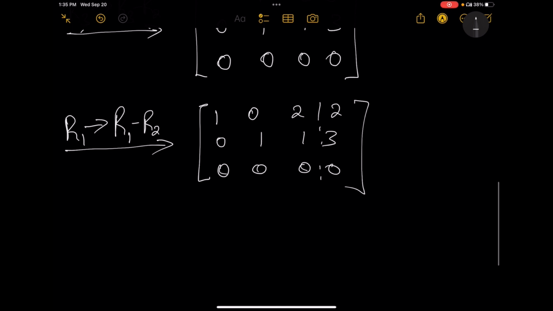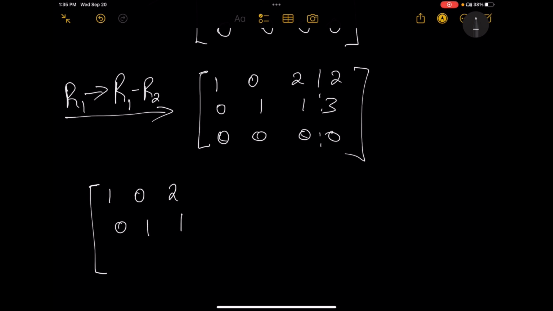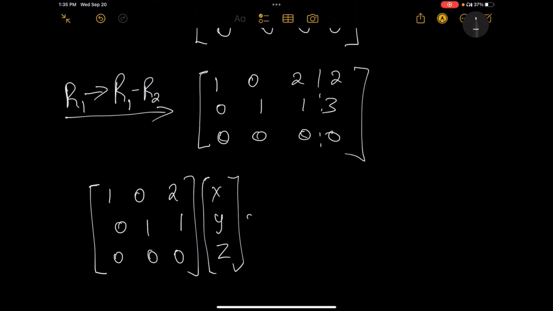Therefore our system of linear equations will be the matrix 1 1 0 2... rather 1 0 2, 0 1 1, and 0 0 0, multiplied by x, y, z, and the output vector is 2, 3, 0.